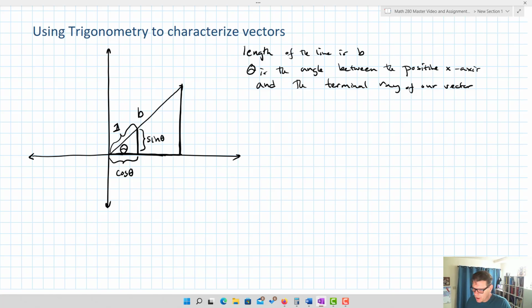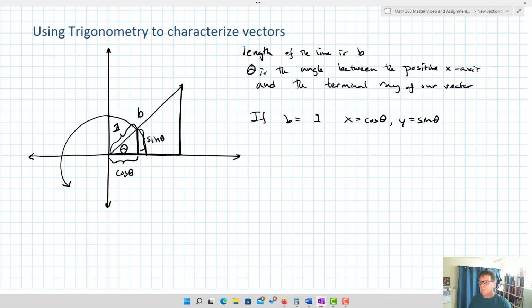So when we utilize the unit circle, something that has a radius of 1, then sine theta is going to be our y value, and cosine theta is going to be our x value. So if b equals 1, then x equals cosine theta, and y equals sine theta.